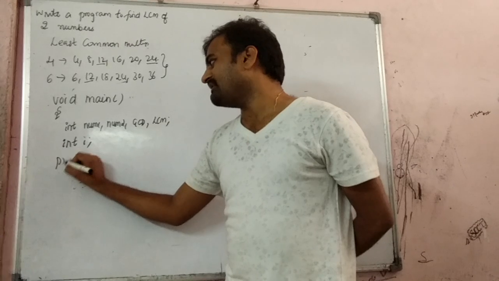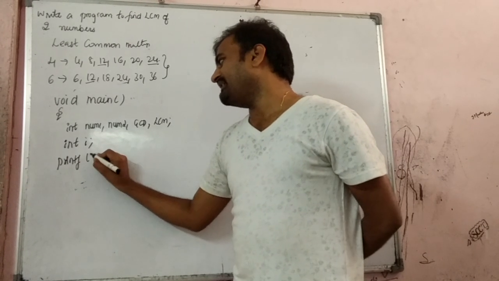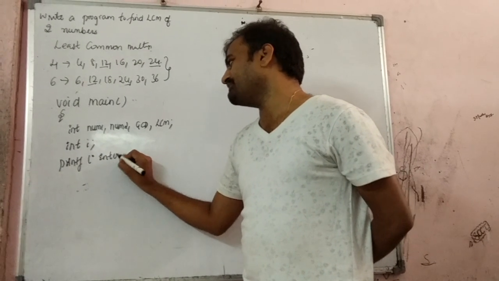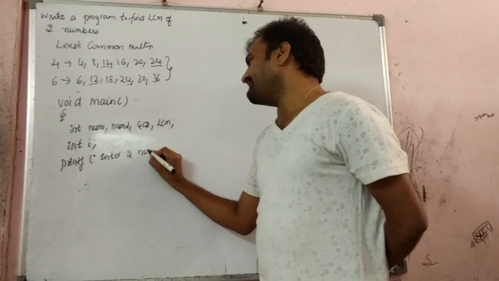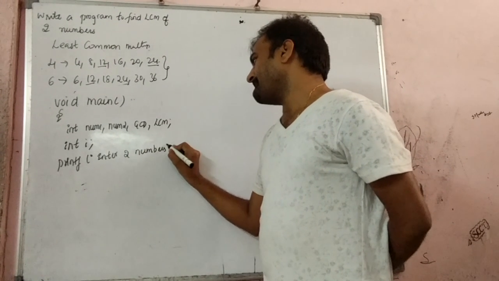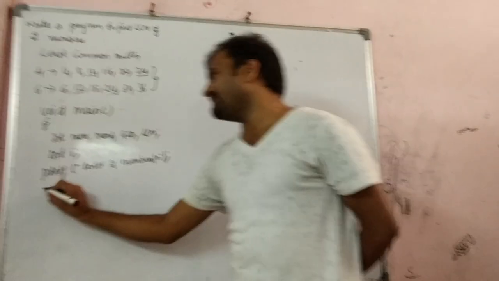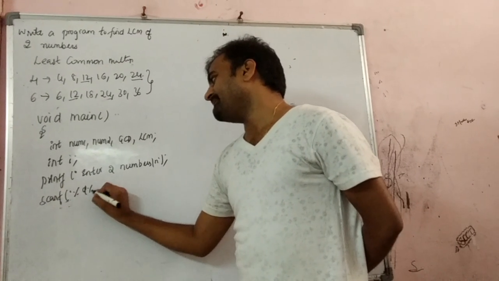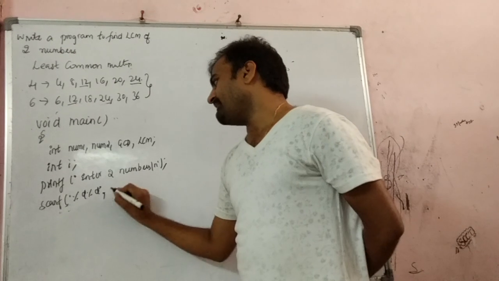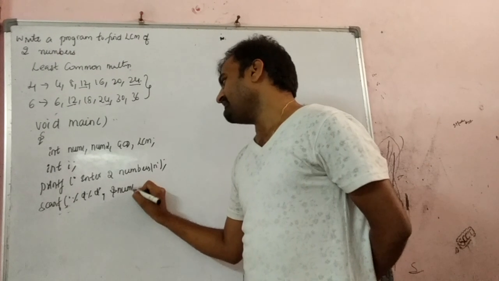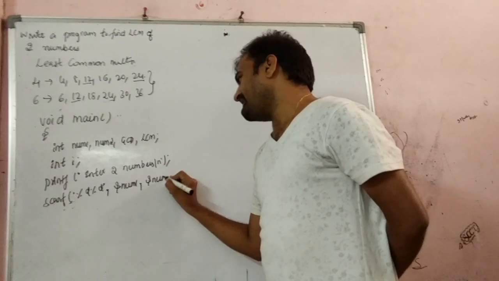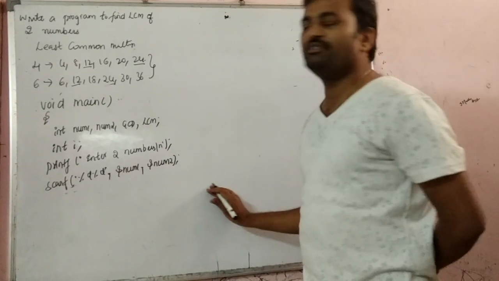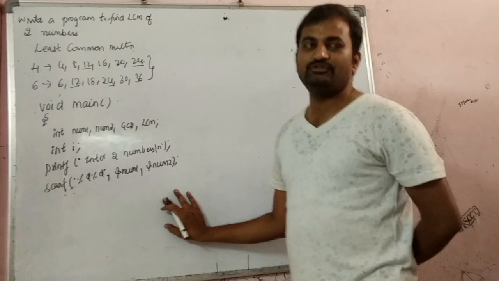Then you ask the user to enter two numbers and read them using scanf with %d, &num1, &num2. Now you know what num1 and num2 are.